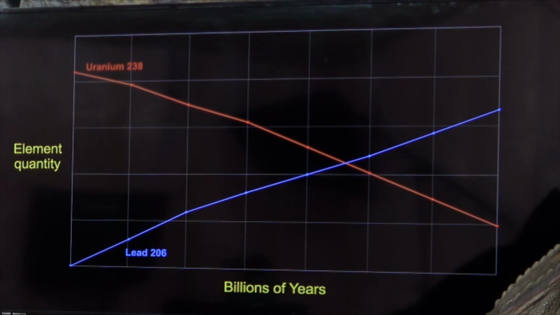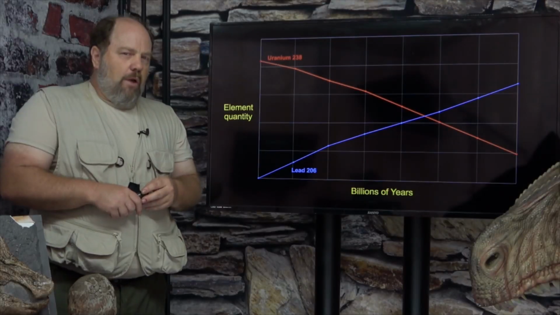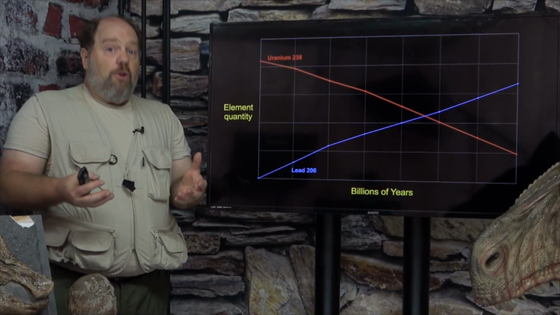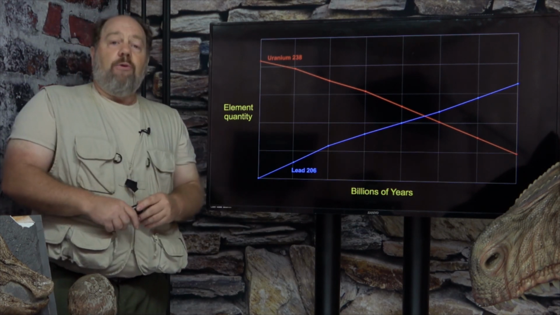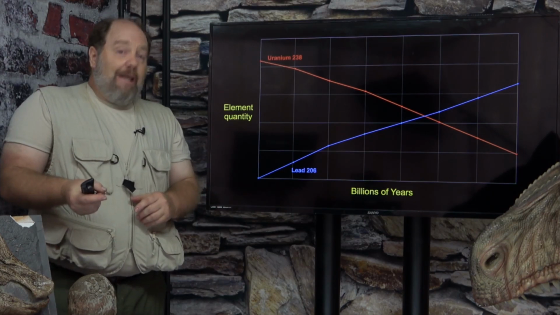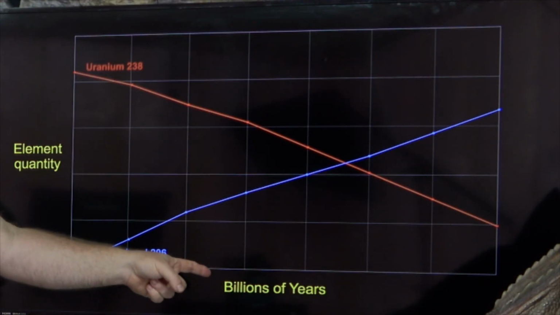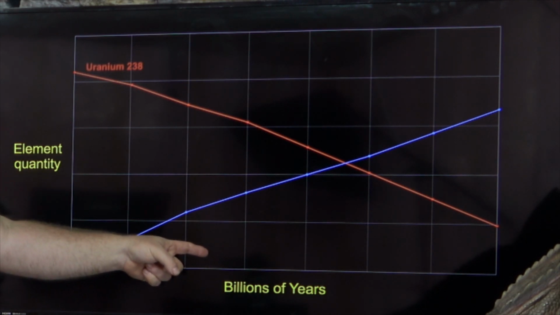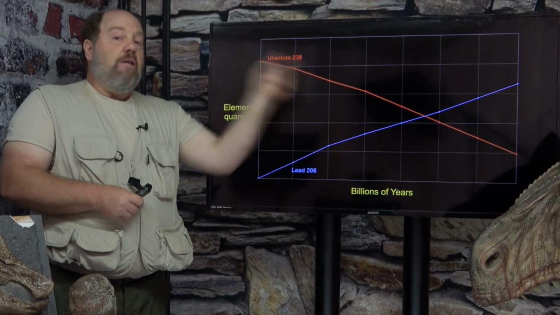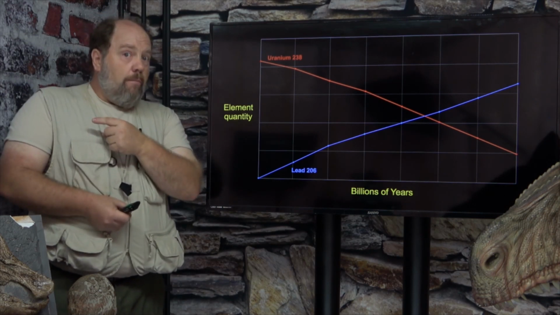The assumptions of deep time. Now, we've only scratched the surface of how we know there simply has not been billions of years here on Earth. The bottom line is if that assumption that there has been billions of years is incorrect, then the rest of this dating technique gets thrown out the window.